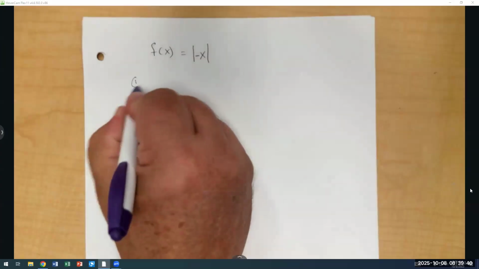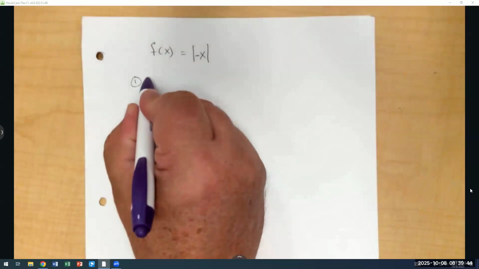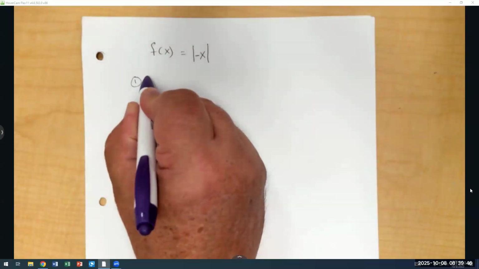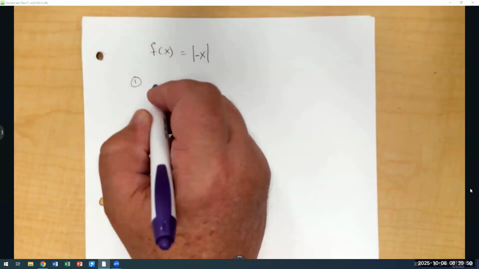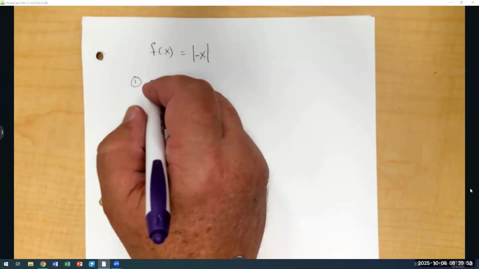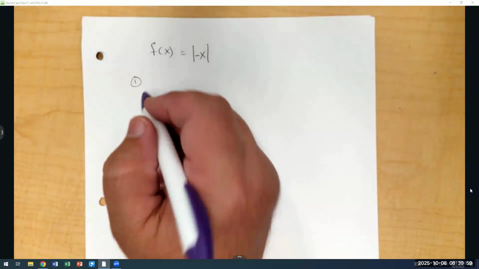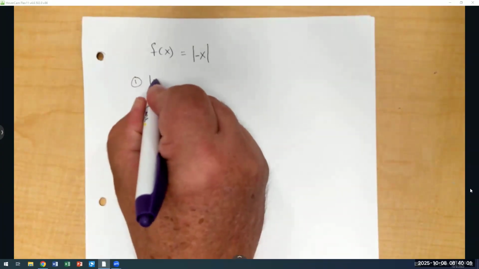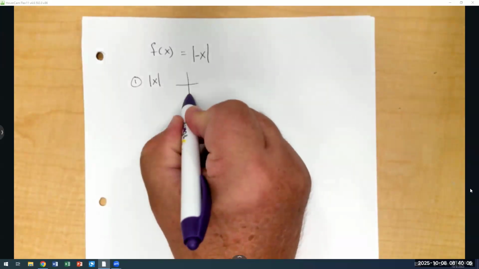Okay, so the first thing we have to do, what's the original function? Very good. Yes, absolute value of x. That's the first one. So what's the graph look like? Looks like a V. Very good. That's the origin.